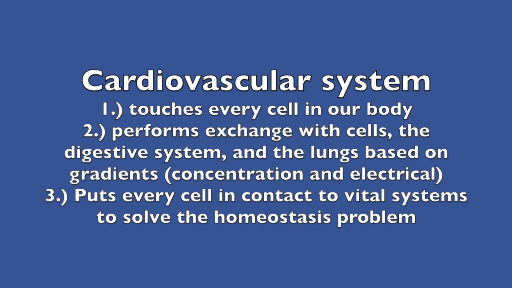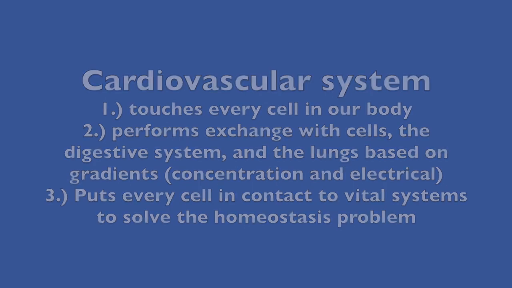This is where the cardiovascular system comes into play. The cardiovascular system provides a network or a highway system that is in contact with every cell within our body. This allows us to transport nutrients to the cells and get rid of waste from the cells.